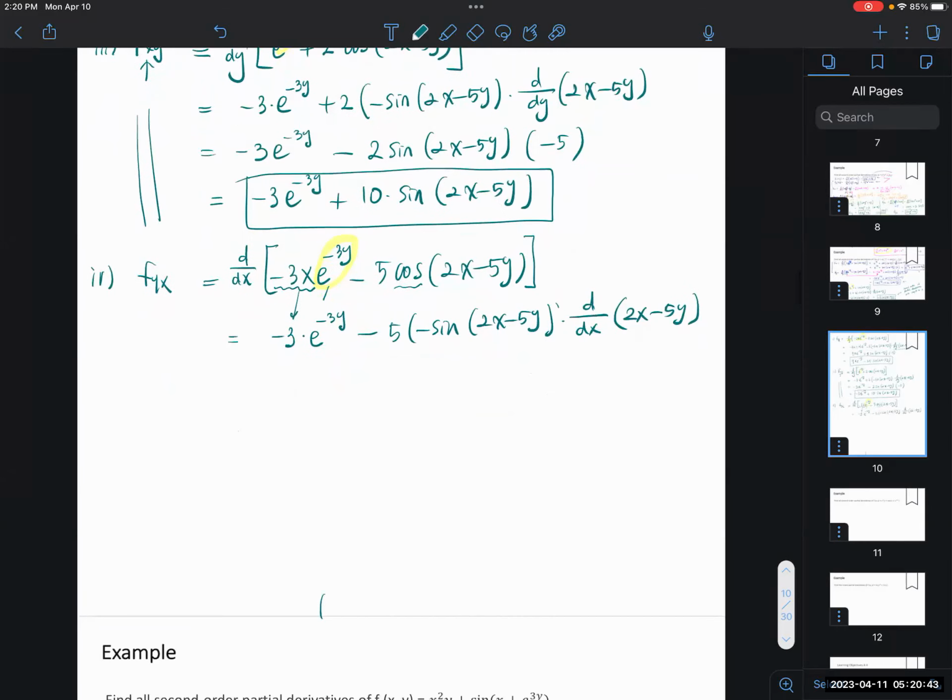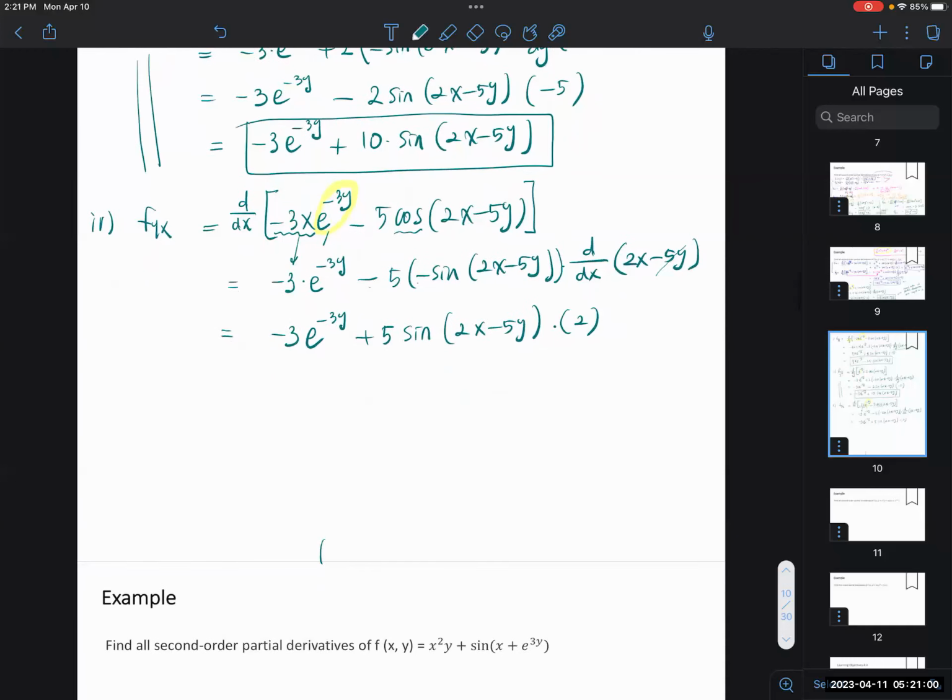Am I right? So now negative 3 e to the negative 3y minus 5, and this is double negative, positive, sine 2x minus 5y. And dx, it's going to be 0, only 2. So negative 3 e to the negative 3y, 5 times 2, positive 10 sine 2x minus 5y.